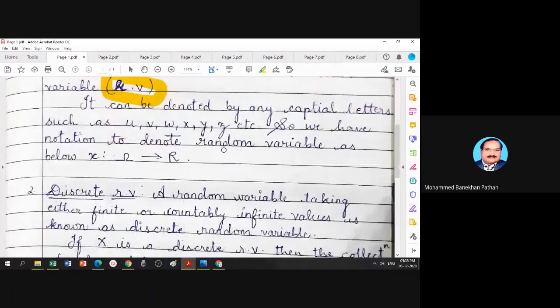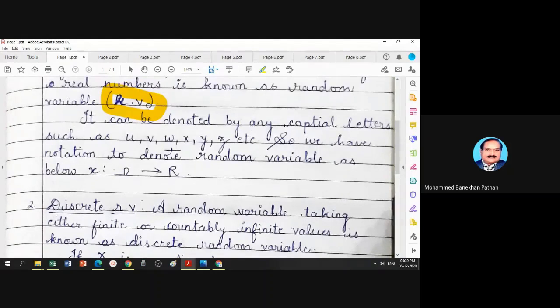It can be denoted by any capital letters: capital U, V, W, X, Y, Z, etc. Whenever you want to write a random variable, you have to use a capital alphabet. Commonly, we write capital X as a random variable.